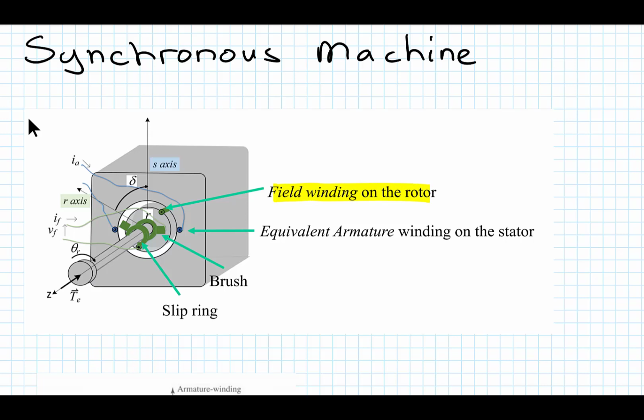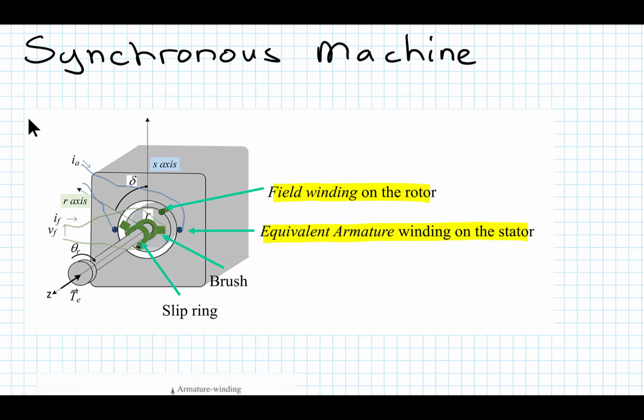So notice that the green color for field has now been moved from the stationary to the rotating part. The armature winding, which I'm going to call an equivalent armature winding, and we'll make clear what that means as we proceed, happens to be on the stator now.